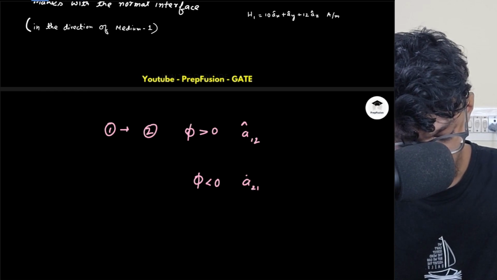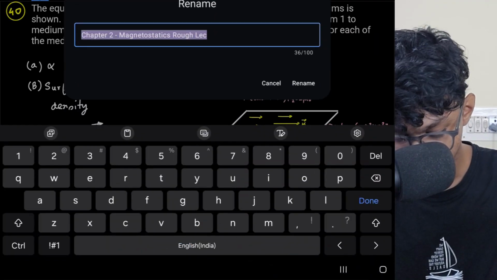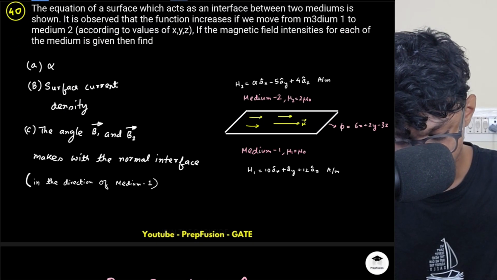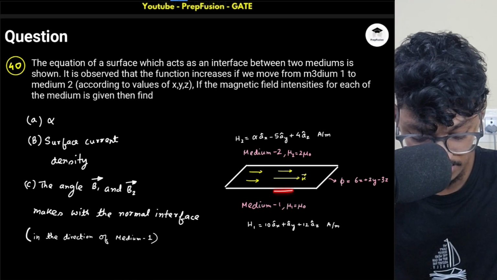So what was this information actually for? This information was just to identify the direction of the normal vector. That's why this information was present.